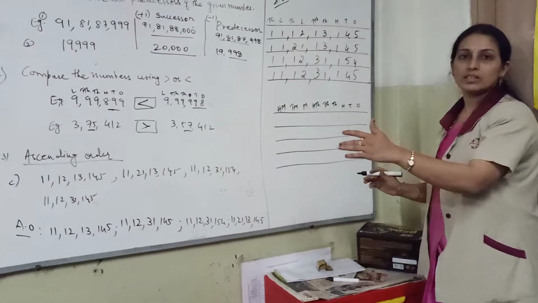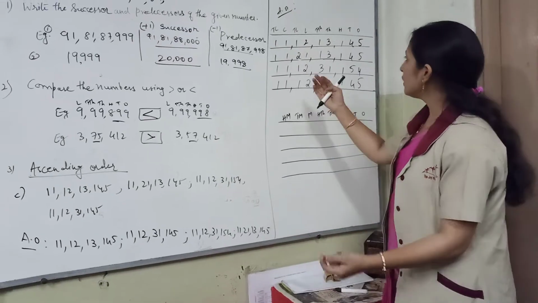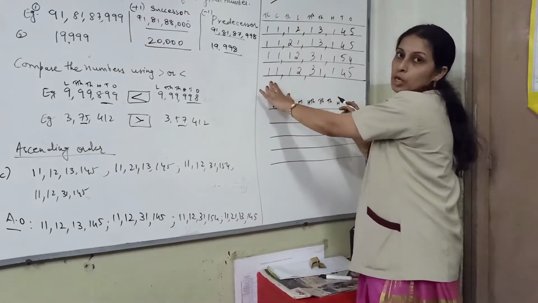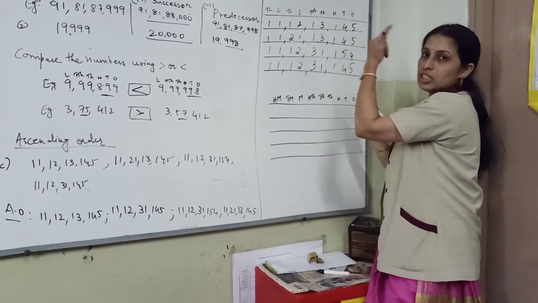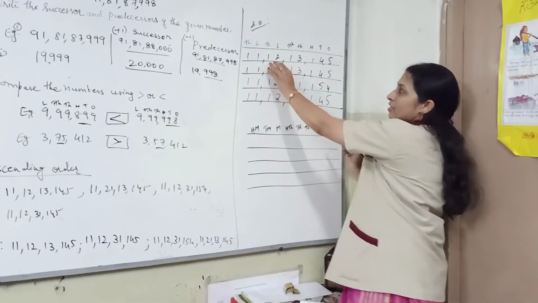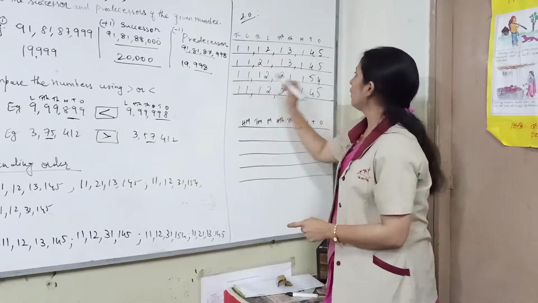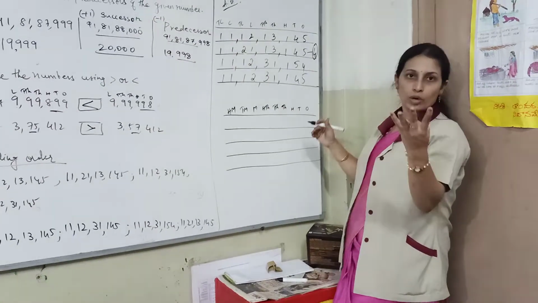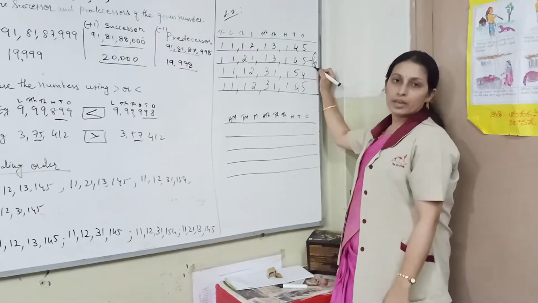Now, ascending order is nothing but smaller to bigger. So first check which is the smallest number. Now, all the crores periods are the same. So next go to the lakhs period. Just check, this is 12, 21, 12, 12. So this is greater. So obviously, this will be your highest number. So mark it as number 4, as there are 4 numbers.